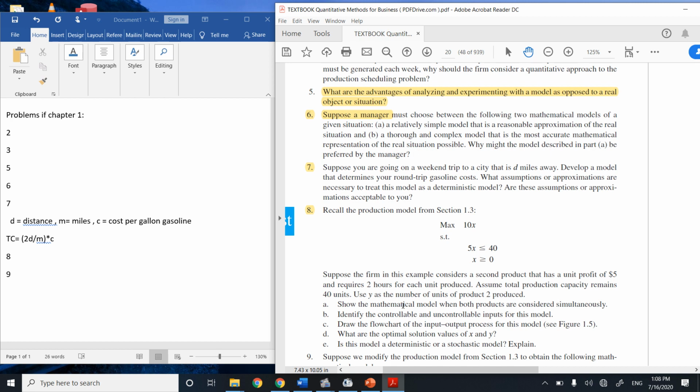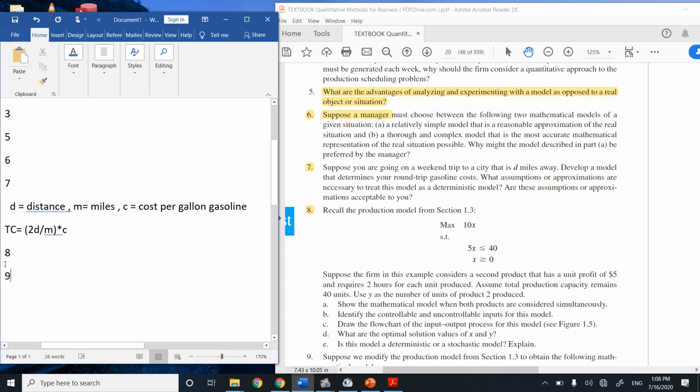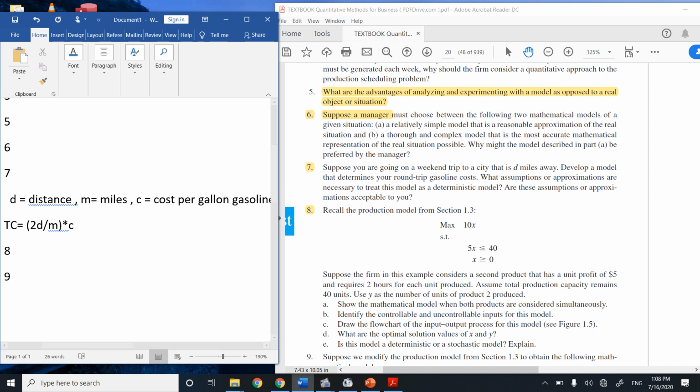I can share with you the solution of this part later on because I'm making this one and that one a homework for you. Or no, actually I changed my mind.